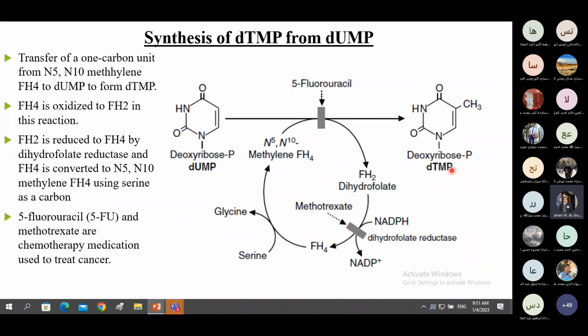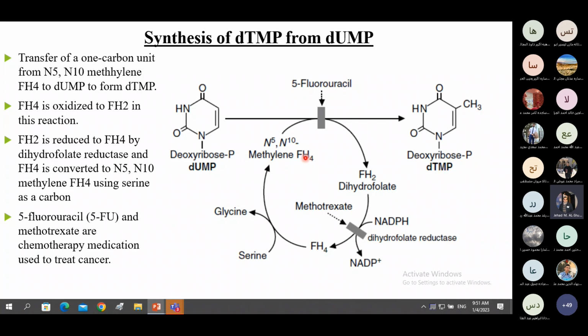See here, as we said, FH4 transfers through which carbon atoms? N5 and N10, as we said. It transports one carbon group in the form of methylene and donates this one carbon atom to dUMP, thus converting dUMP into dTMP.